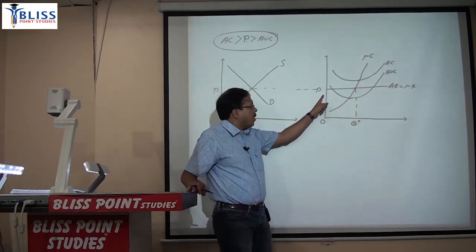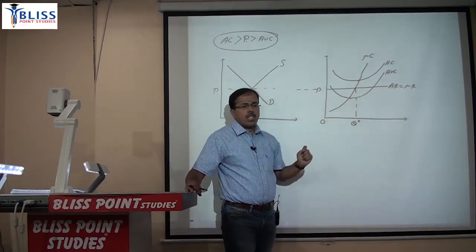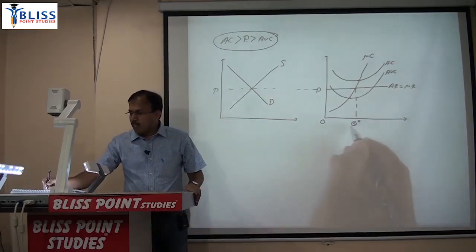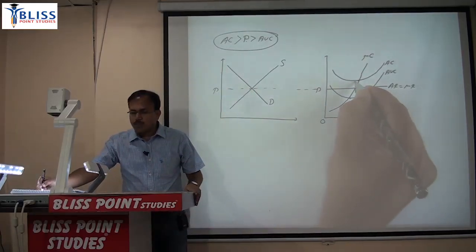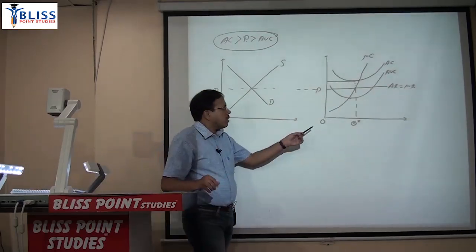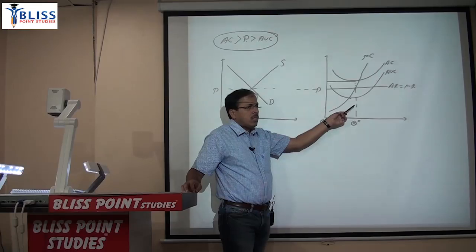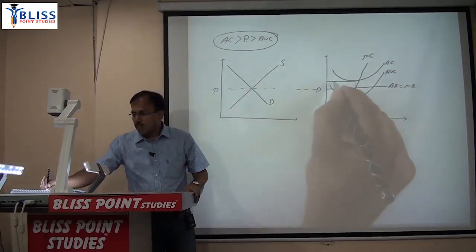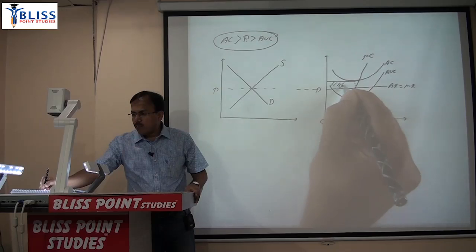This is the area of revenue, which is the area of cost. For cost you multiply this quantity with the average cost, then you get this rectangle. This is the overall cost. Since cost is more, revenue is less, therefore this area is the area of loss.